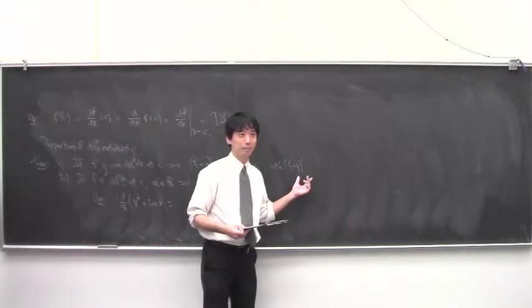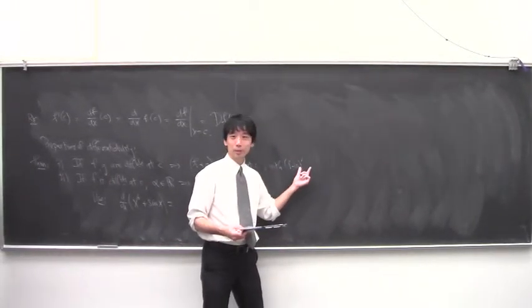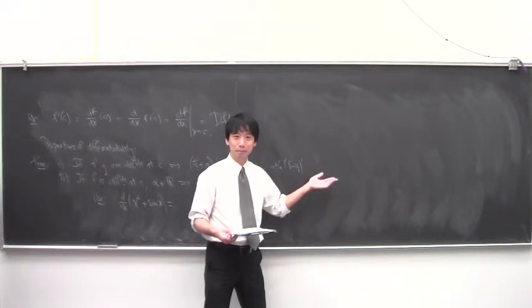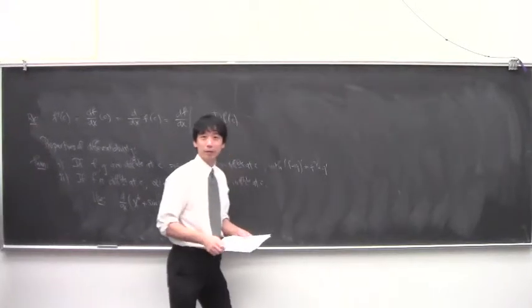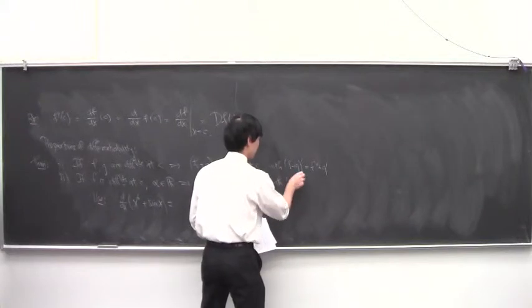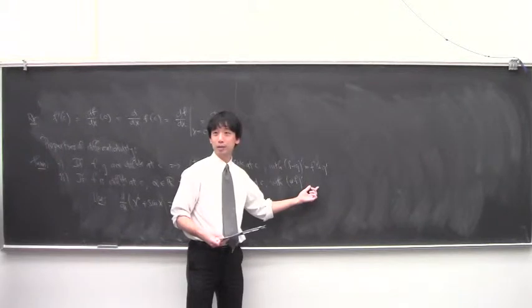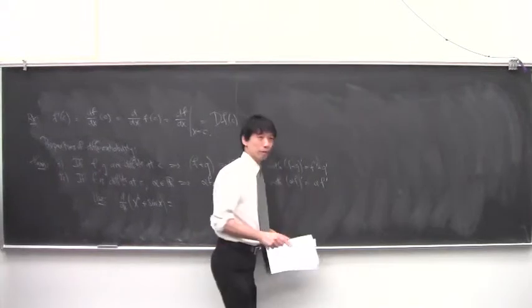In general, if you have two functions, f and g, and they're both differentiable, the derivative of the sum will be the sum of the derivatives. And the derivative of some number times a function will be the number times the derivative of the function.